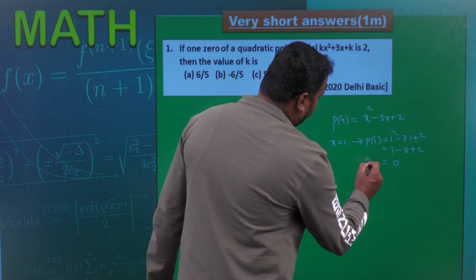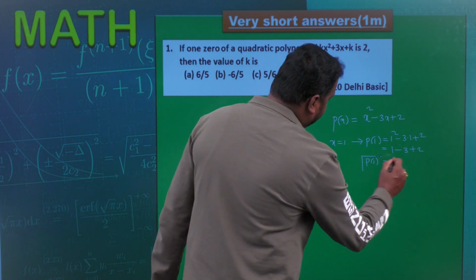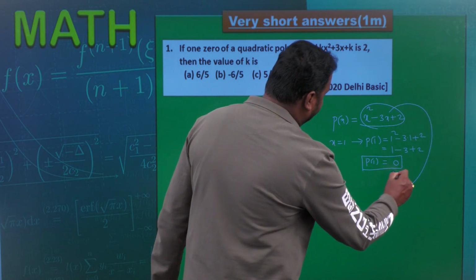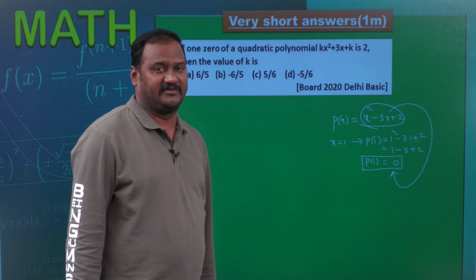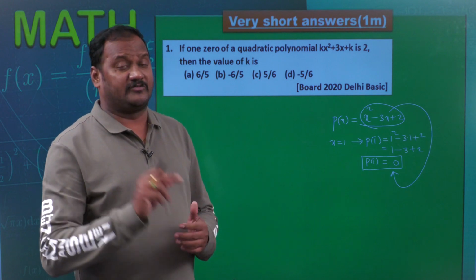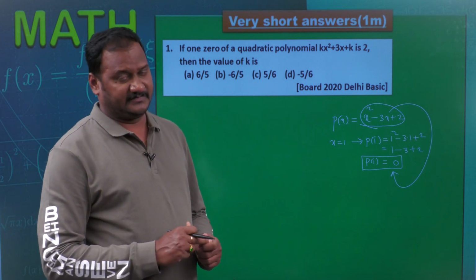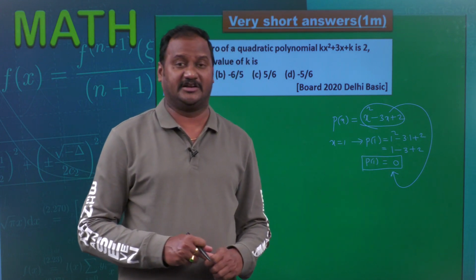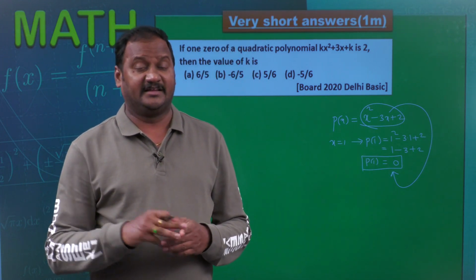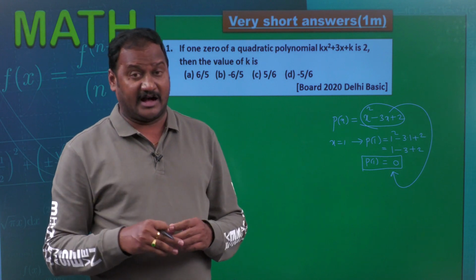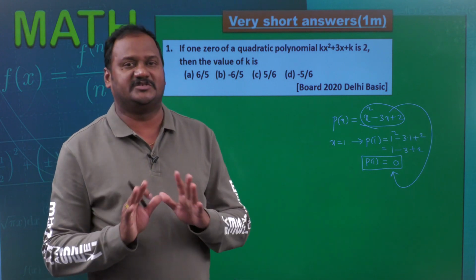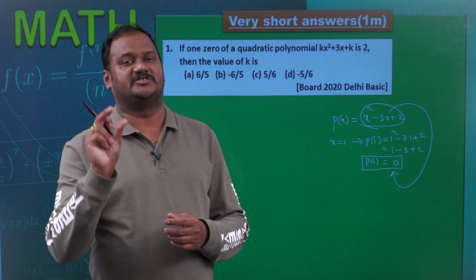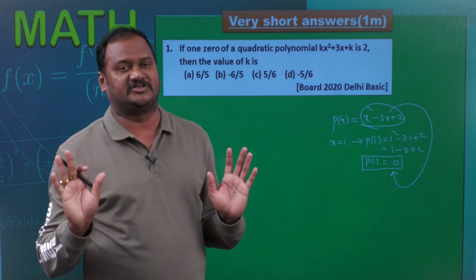It means when I substitute 1 in the place of x, then the polynomial is completely vanished, means the polynomial value becomes 0. So for what value of the variable the entire polynomial will be 0, then the value or values of the variable are said to be zeros of the polynomial. So simply, the value of the variable which makes the polynomial 0 is said to be a zero of the polynomial.